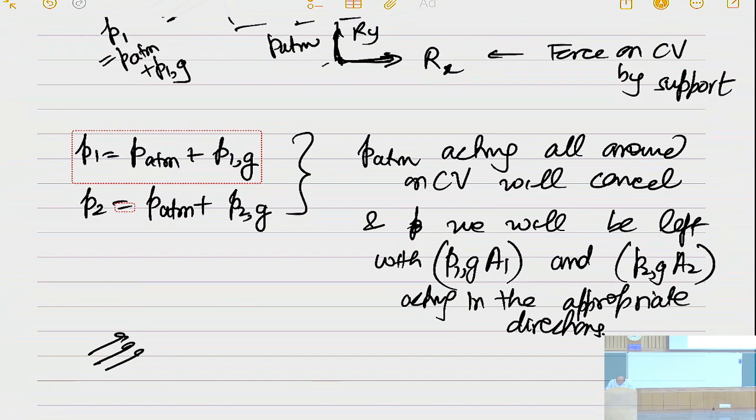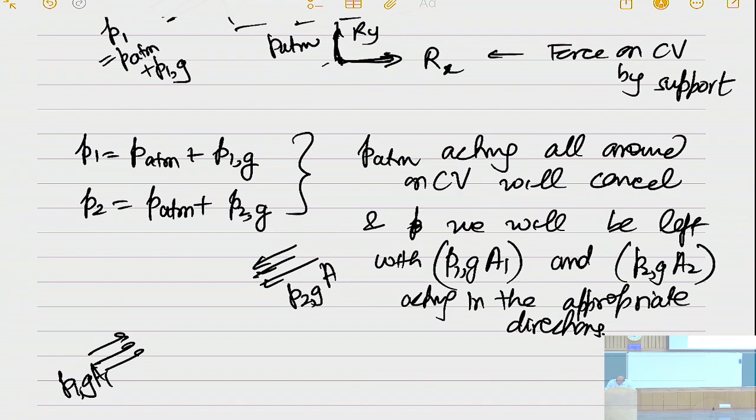That is P1 gauge A1 and P2 gauge A2. This is the net force due to pressure.